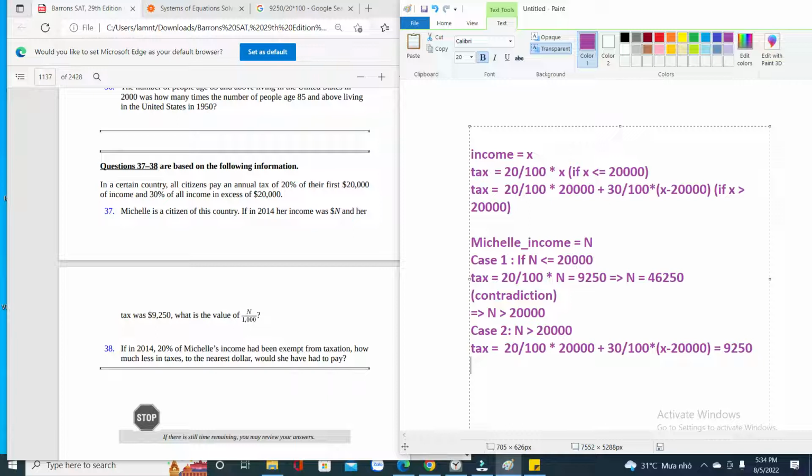So 9,250 is equal to 4,000 plus 0.3 of x minus 20,000. Actually that's n, so let's change it a little bit. That's n, and that's n there. So let's solve for n.